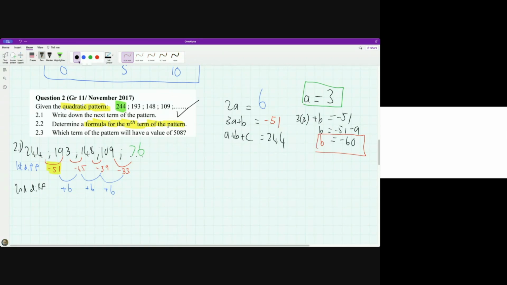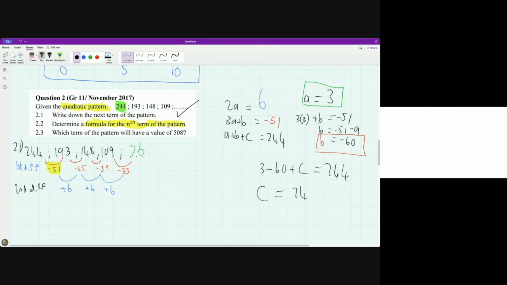Now what is c going to be? What's c going to be? 3 minus 60 plus c is 244. What is c going to end up being?